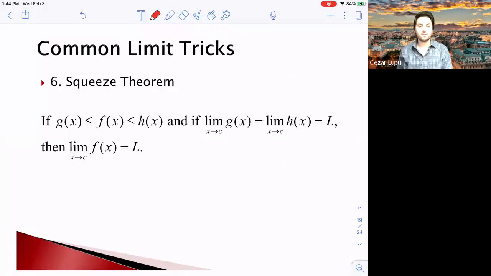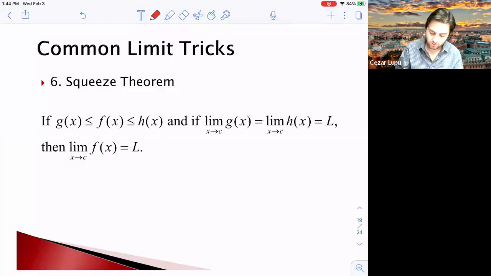So I have this inequality, g of x is less or equal than f of x, less or equal than h of x, and the limit as x approaches c of g of x is the same as the limit as x approaches c of h of x, is L, then there is no escape for f. The same thing will happen for f as well. So the limit as x approaches c of f of x will be L.